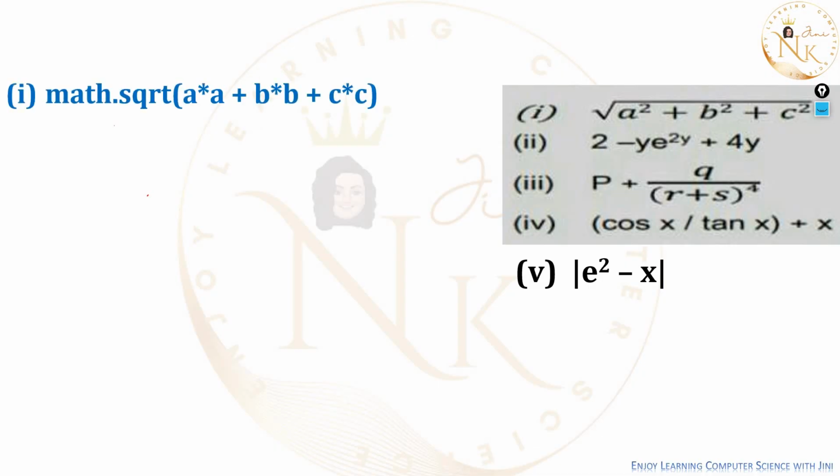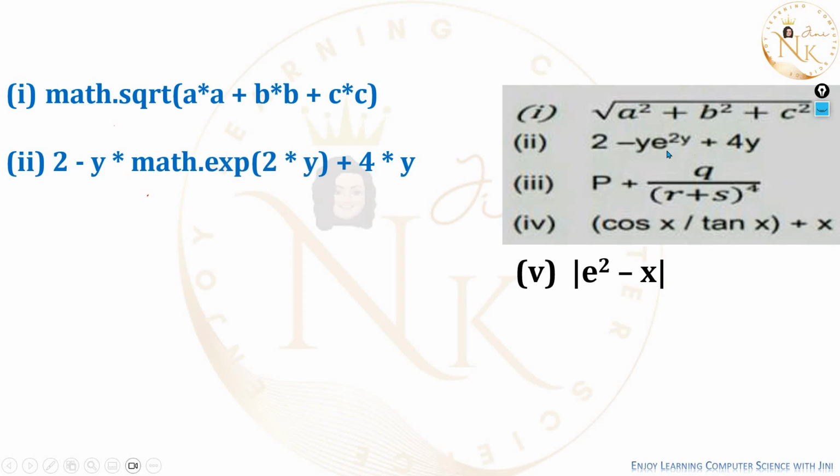Next one, 2 minus y times e power 2y plus 4y. This is an exponential function, so math.exp, and within parenthesis what is in the power: 2 asterisk y. You cannot write 2 into y, you have to write 2 asterisk y, plus 4 asterisk y.